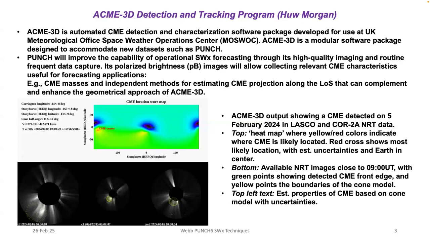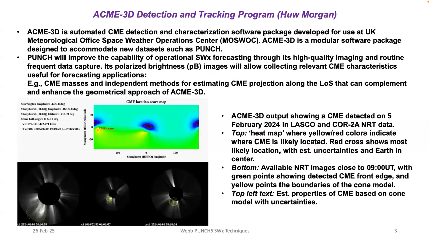Now, the first one is Hugh Morgan and his group. They have this ACME 3D detection and tracking program, which is operating in real time for use at the UK Met Office. It's a modular software package designed to accommodate new data sets such as PUNCH.